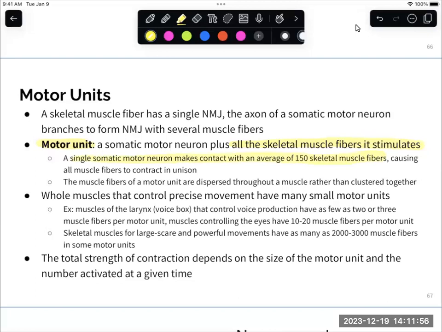And it's kind of dispersed throughout that muscle rather than being clustered together. And there's a reason behind it because it's trying to prevent that muscle fatigue. So only certain fibers in muscles contract when we tell a muscle to contract.